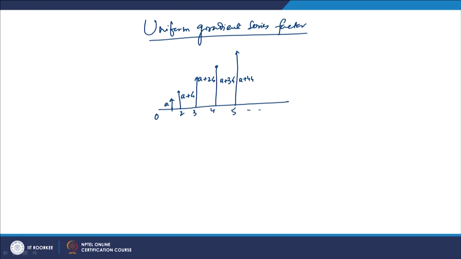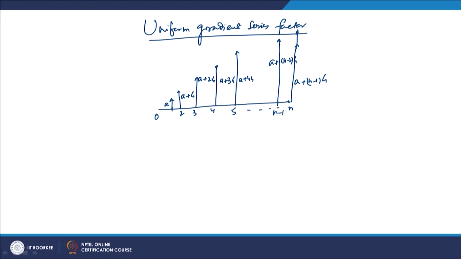Like that it will be moving, and in the n minus first year you are going to pay A plus n minus 2 G, and in the nth year you are going to pay A plus n minus 1 G.